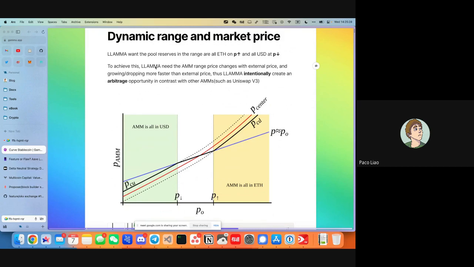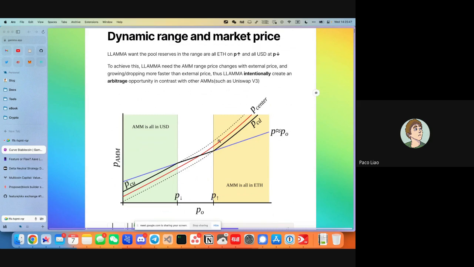So as I said, Llama needs the AMM range price to change with the external price, growing or dropping faster than the external price. Thus, Llama intentionally creates an arbitrage opportunity, in contrast with Uniswap v3.